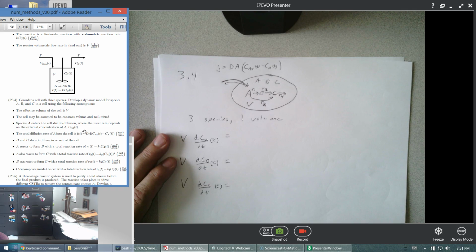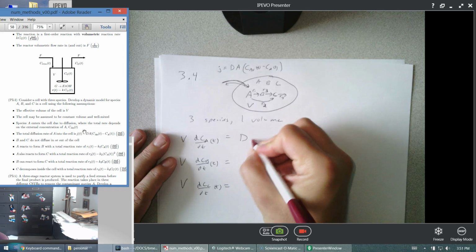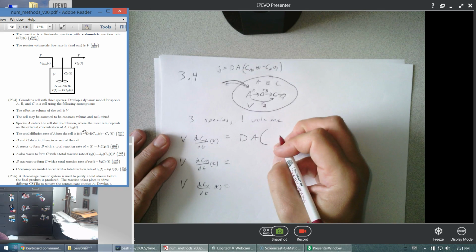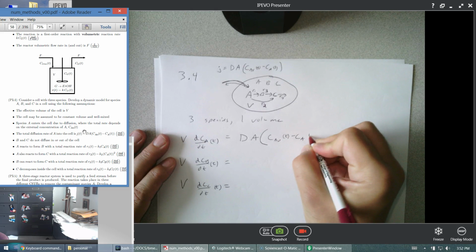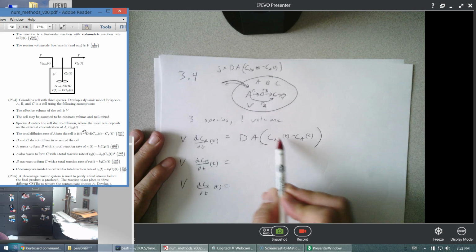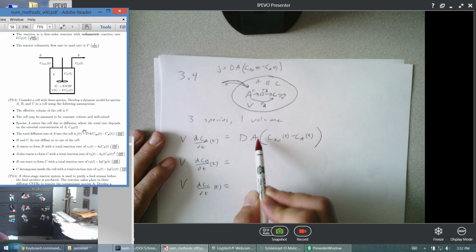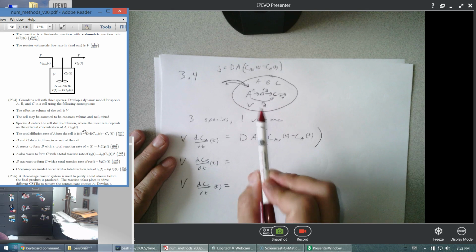The diffusion rate of A into the cell, the flow of A in the cell given in the problem, is dA Ca0 of T minus Ca of T. So we have to know the concentration of A outside the cell, the area of the cell, and the diffusion rate coefficient to actually model this. What does A do?